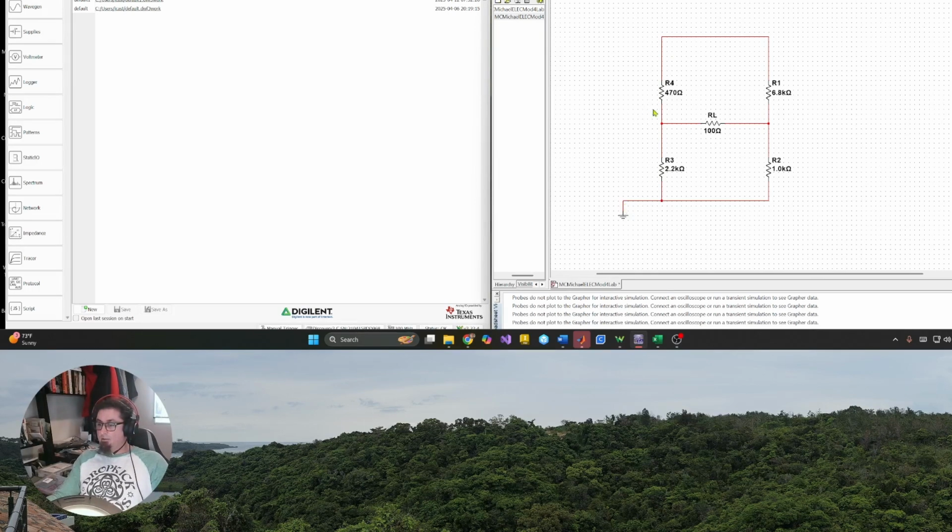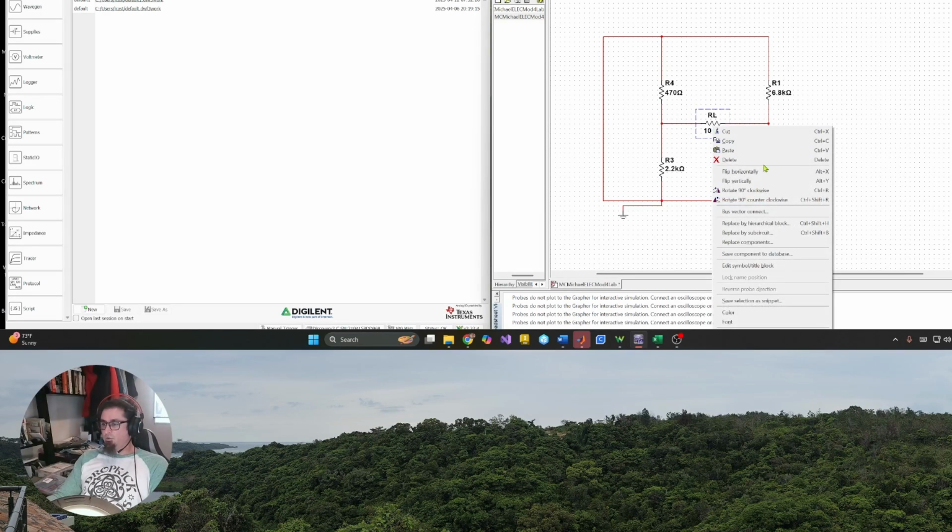I want that to go to the ground. There we go. Let's see if we can pull this back over this way. There. Now we have this source here, and I'm also going to get rid of this right here and turn it strictly into a bridge circuit.